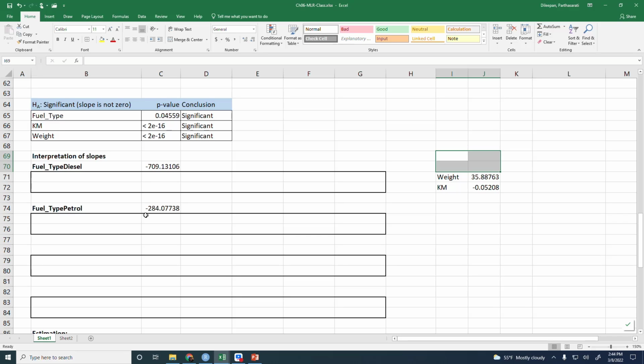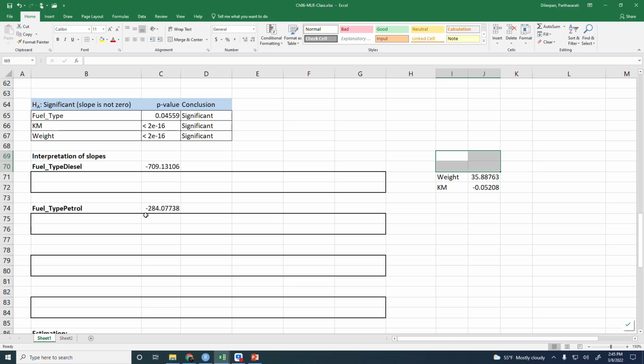So compared to CNG, what does this particular category do to the target? Target is what? Price. So compared to CNG, if you have a diesel car, what's going to happen to the price?